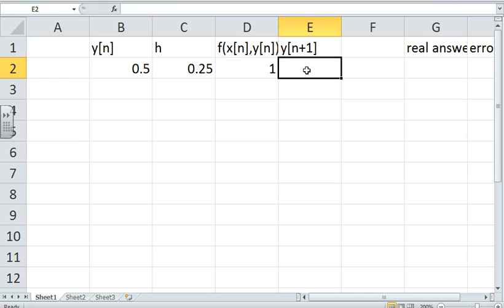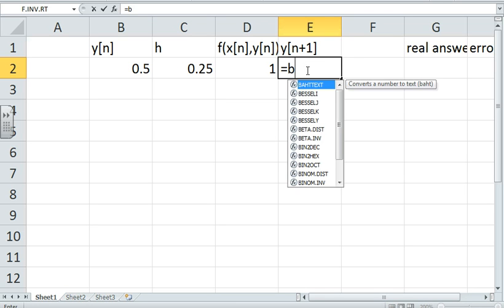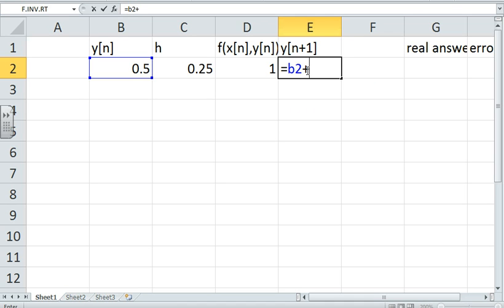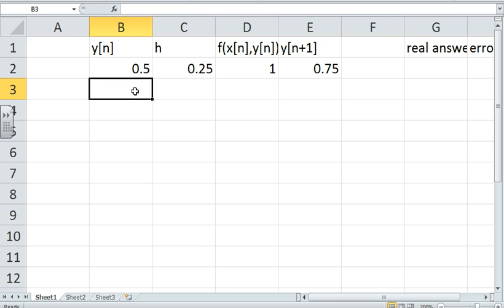Okay. And then this one is going to be equal sign, b2 plus h, c2, times d2. Okay, and that'd be good.